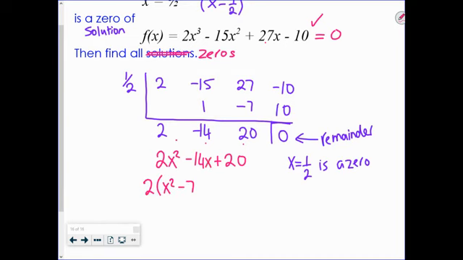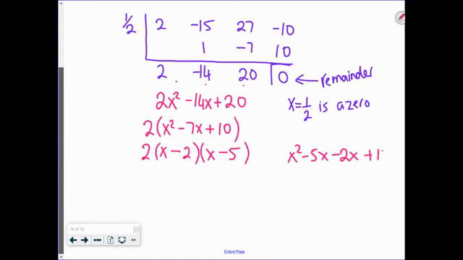So this would be 2 times x and x, factors of 10 with a sum of 7. That's 2 and 5. This is nice and easy. To get minus 7x, they must both be negative, and that does give me plus 10. Double check it, multiply it out. I've got x squared, my outer is minus 5x, my inner is minus 2x, and my last term is plus 10. So yes, this is working.